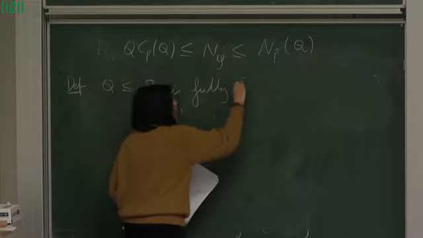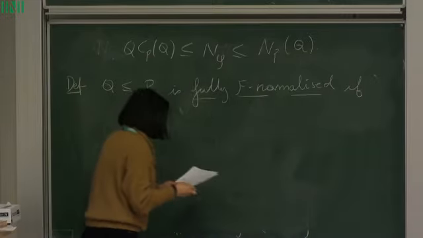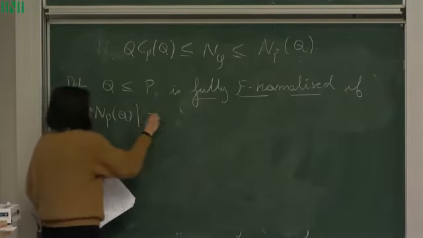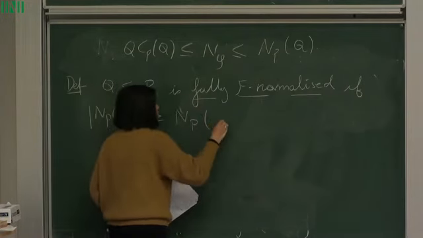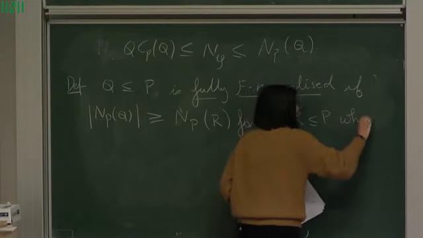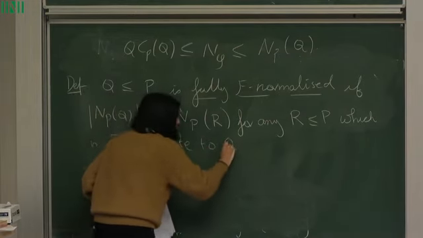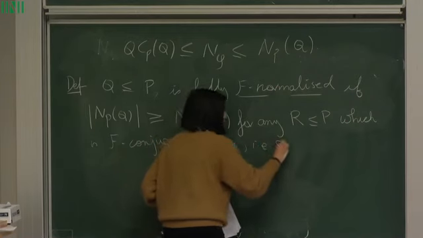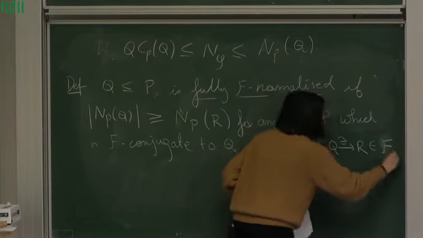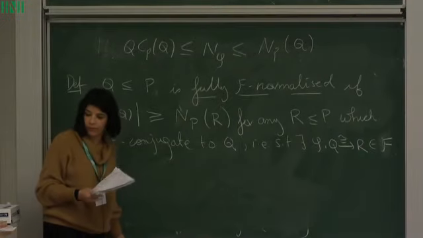Okay, and then the last notion we need here is that a subgroup Q of P is called fully F-normalized if the normalizer in P of Q is greater than or equal to the normalizer in P of R, for any R in P which is F-conjugate to Q, i.e. such that there exists an isomorphism from Q to R inside F. Okay, so in every F-conjugacy class, there will be something that's fully F-normalized.